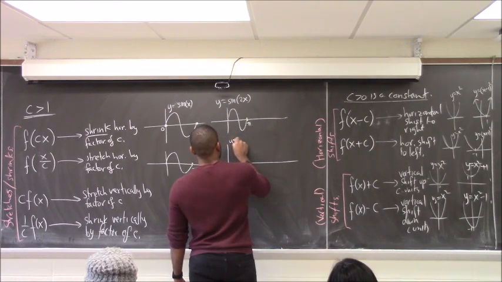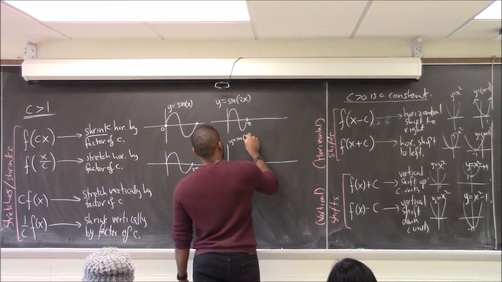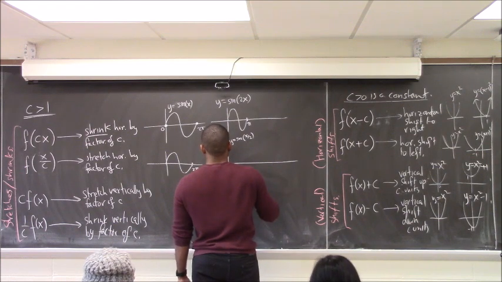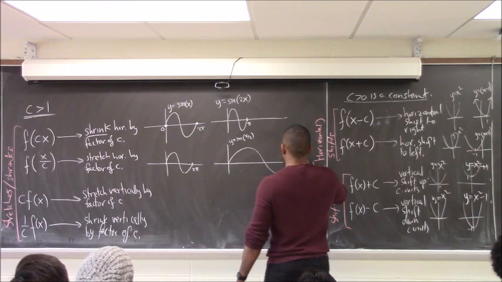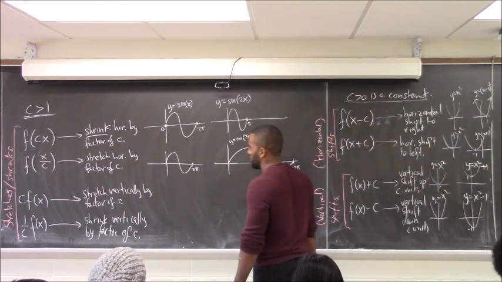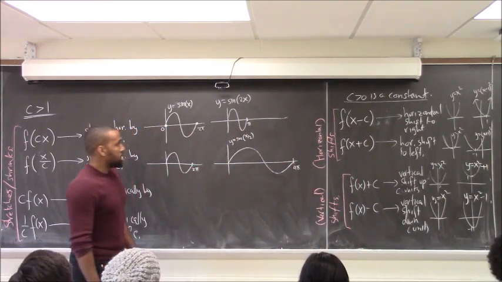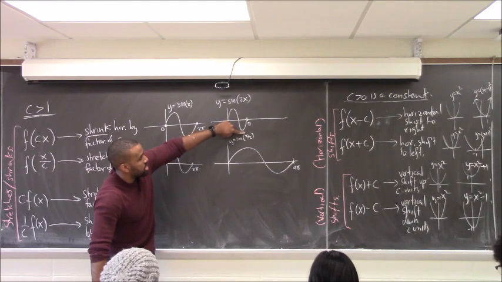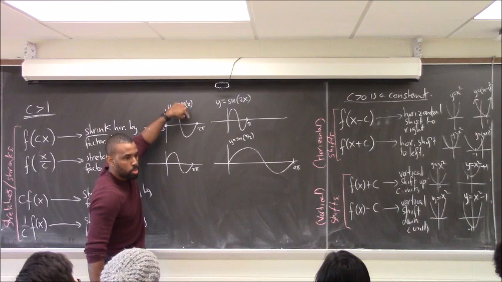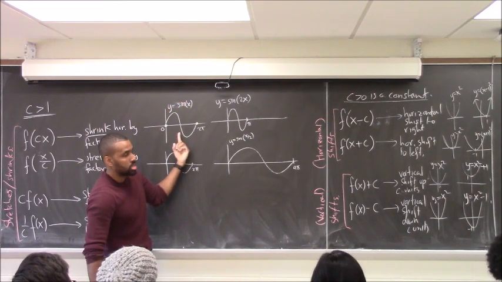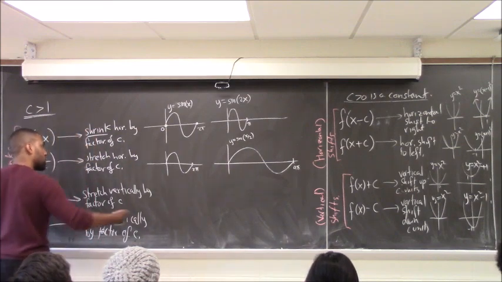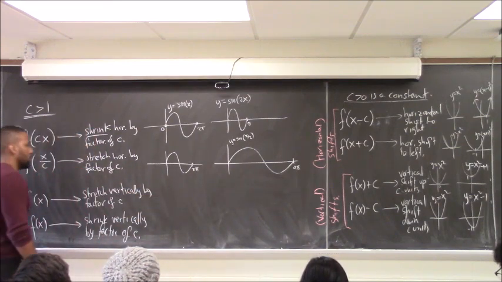So y equals sine of x over 2, that's actually going to stretch. Because now your x actually has to hit 4 pi before it starts to behave like 2 pi behaved here, right? So your x actually has to get larger to keep the same kind of behavior. So that's actually stretching it.